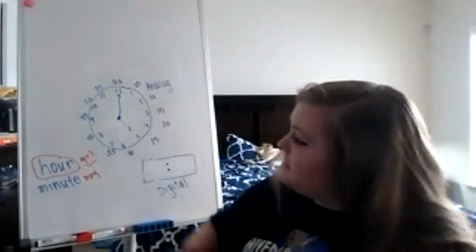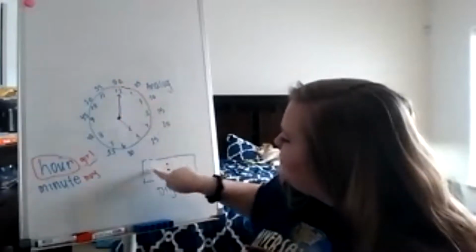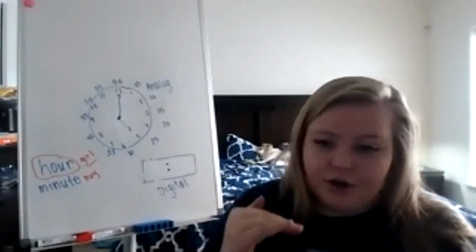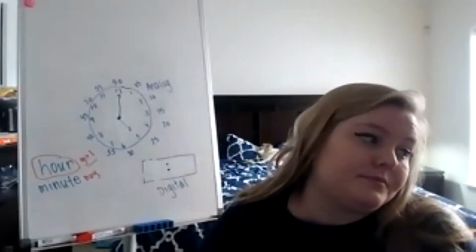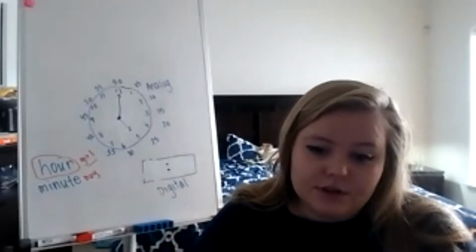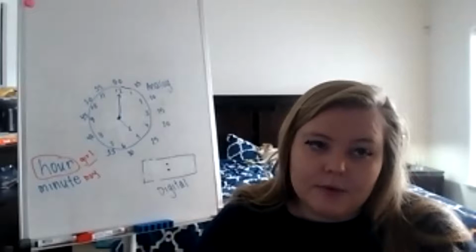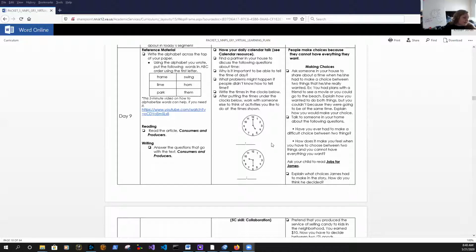And your job is to read the time and write it digitally underneath the clock. So I'll show you what it looks like in your packet really quick. We're looking right here. Here's your first time. You need to read this and write it digitally underneath the clock.